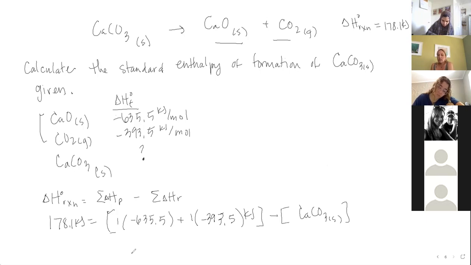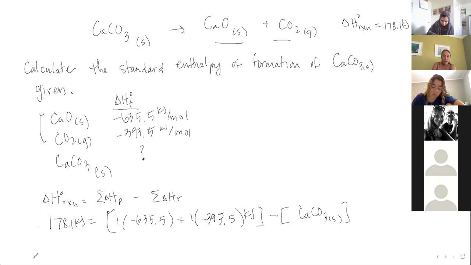So then it's just math, right? Plugging and chugging. So you're going to have negative whatever, 1100. You're going to move this to this side, which is going to give you positive 1207.1 is equal to negative formation of calcium carbonate.